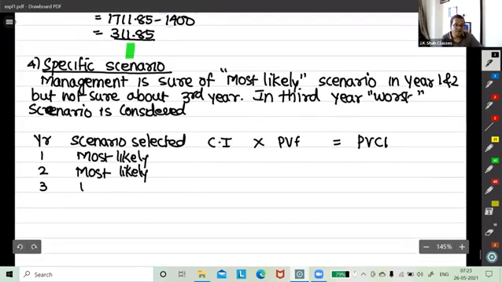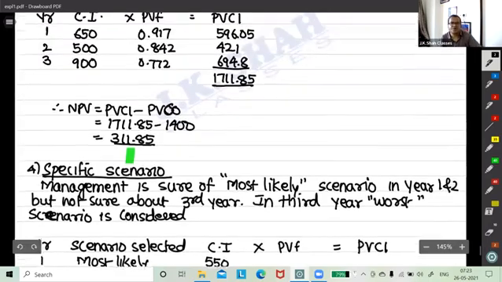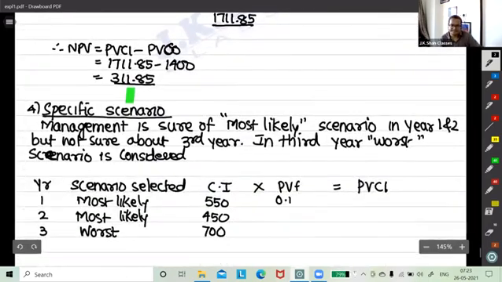But in year 3, let's be conservative and go with worst. So it would be 550 here, 450 here, and the worst would be 700 over here. Then as usual, multiply by 0.917, 0.842, and the last one, 0.772, I suppose.